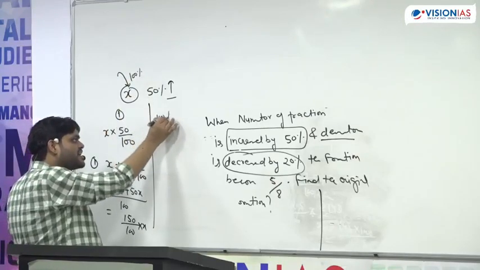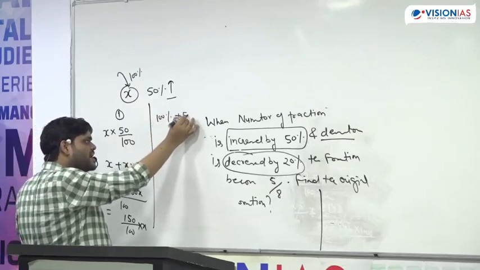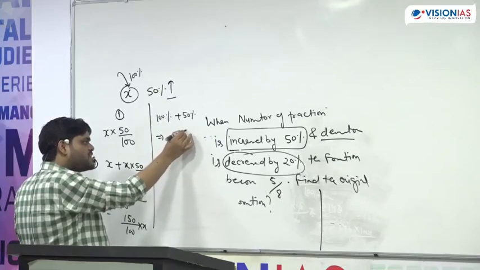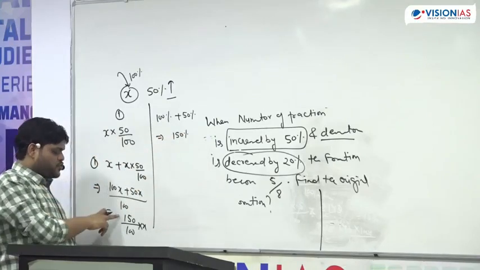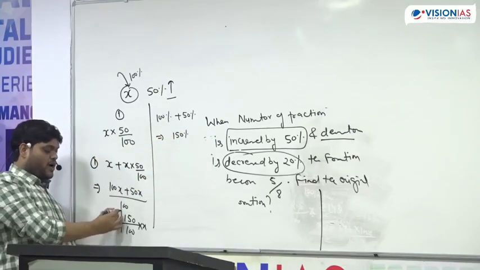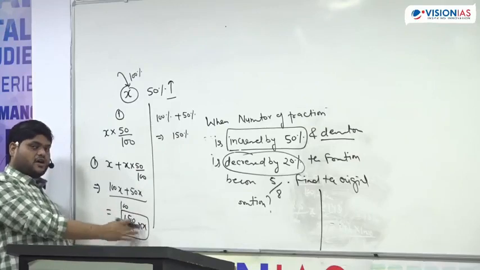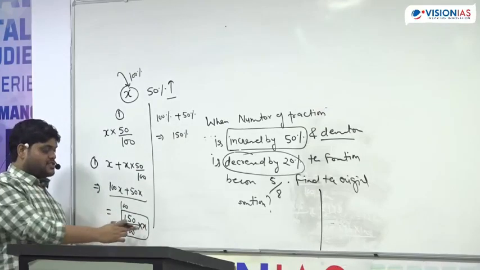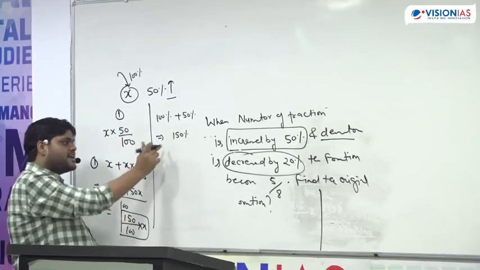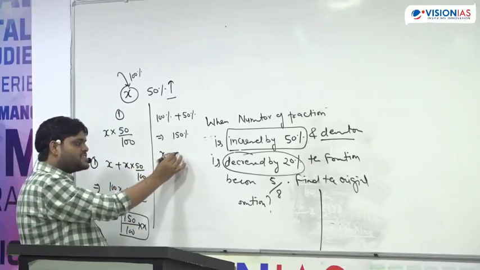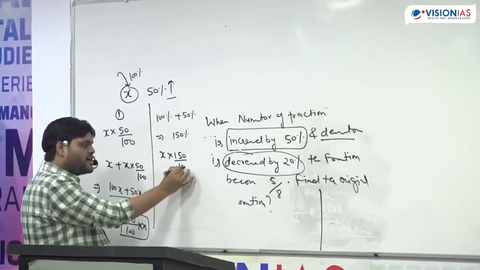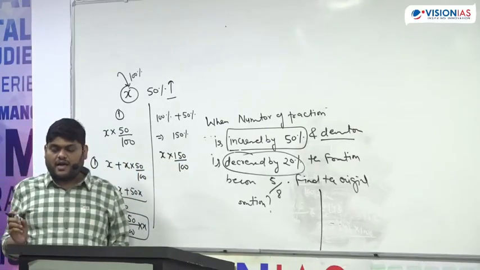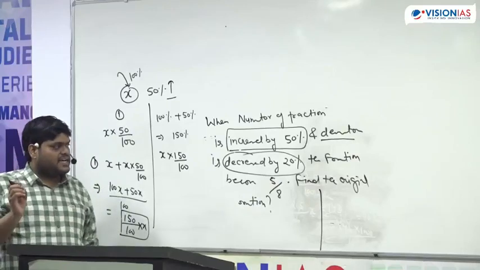So if you increase it by 50%, the number becomes 150%. And the same thing I am showing here. This is 150% of x, because 150 upon 100 means 150%. So x becomes 150%, and the simple meaning is x into 150 upon 100. This is what we did yesterday.